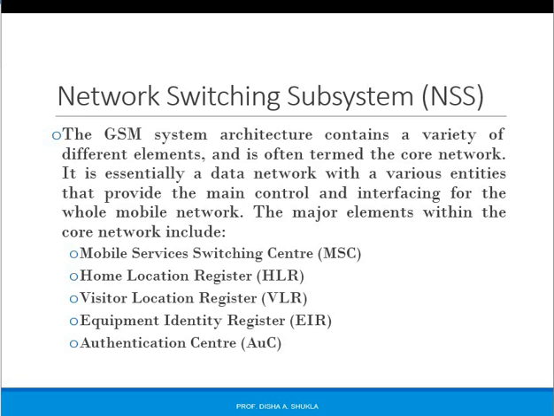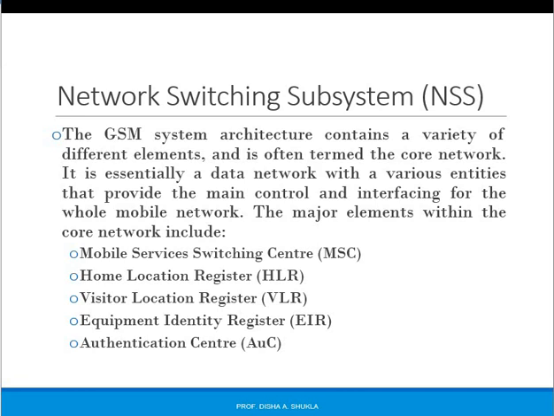The next part is the GMSC, that is the Gateway Mobile Switching Center. Now, GMSC is the point to which a call to an ME is initially routed without any knowledge of the MS location.